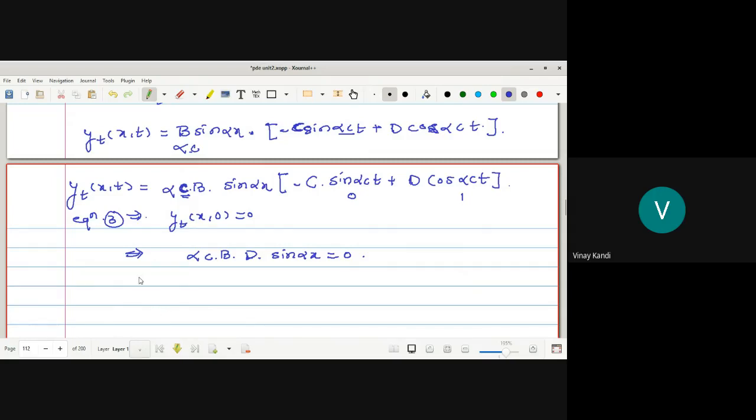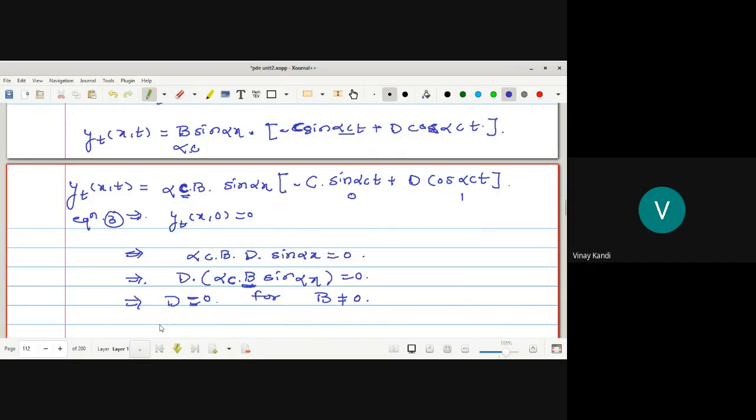This implies D into alpha into small c into capital B sin alpha x is equal to 0. This implies D is equal to 0, if B is not equal to 0. So if this is not equal to 0, then D is 0.